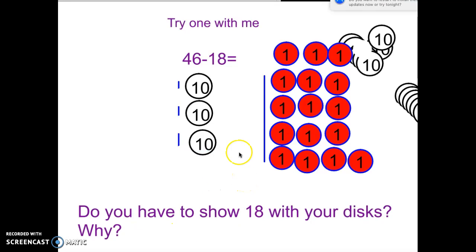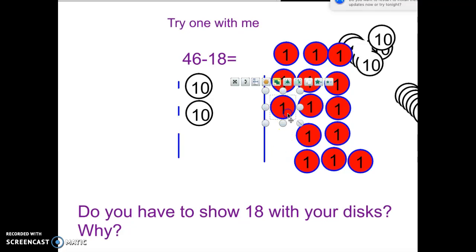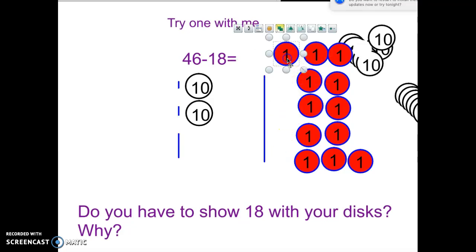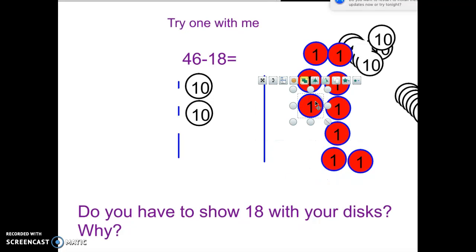Now, I still have 46. Here's 30, here's 40, and then there's my 6. Can I take away 18? I can. So 18 is 1 ten and 8 ones. So I'm going to take away that 10, 11, 12, 13, 14, 15, 16, 17, 18.